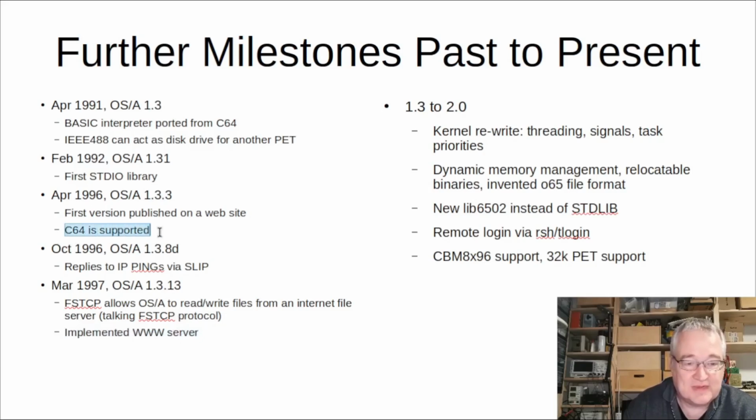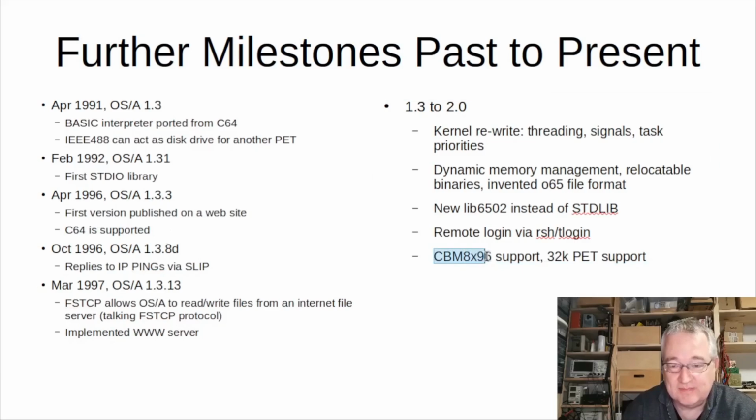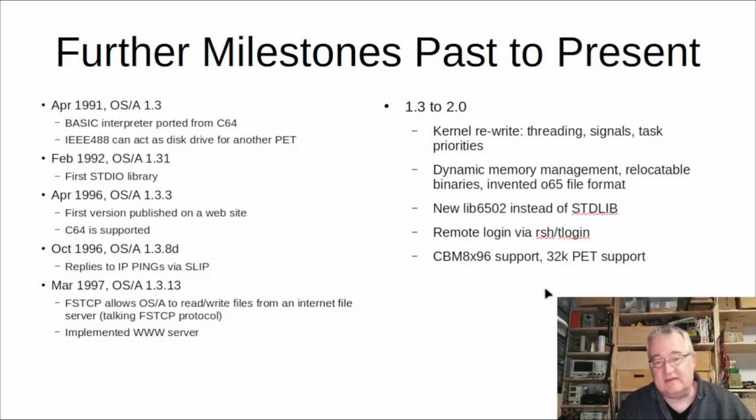Also the Commodore 64 is supported, which is very interesting, and also the original PETs are supported now. And this works because I have refactored the kernel such that it doesn't need to remap all the memory, but it can share zero page and stack.